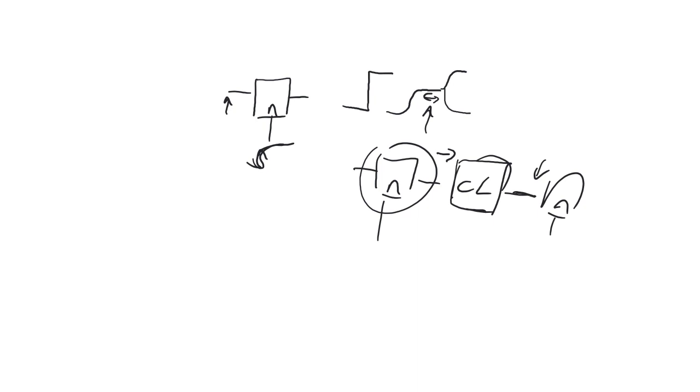Intuitively, we now know that this output will first change according to the contamination delay of both this flip-flop and this combinational logic. Don't worry, I'm going to cover that in greater detail later, but intuitively we understand now that contamination delay determines when the output first starts to change. After the rising edge of the clock, we also have a propagation delay, which tells us when the output here has reached its correct value.